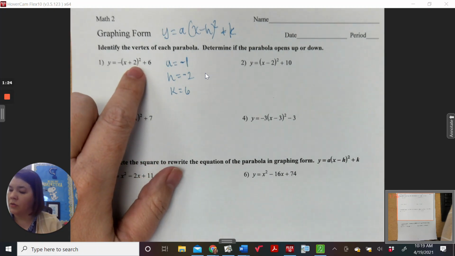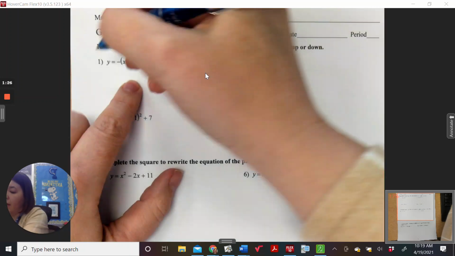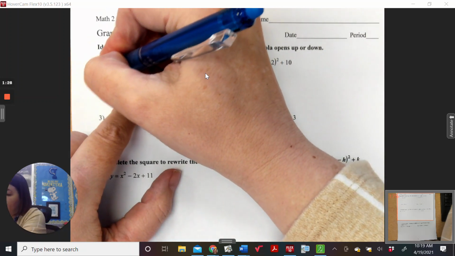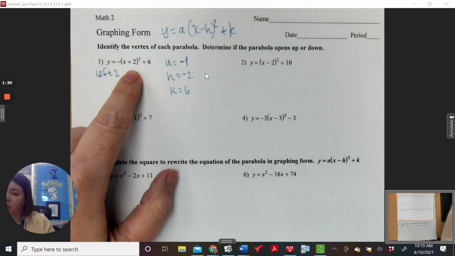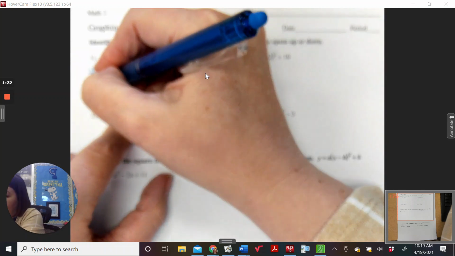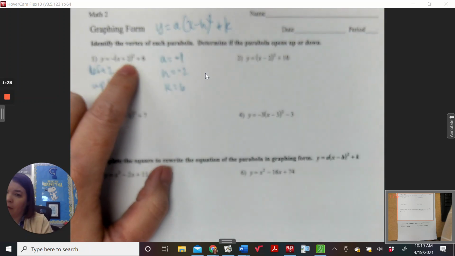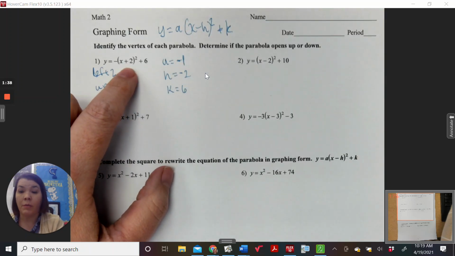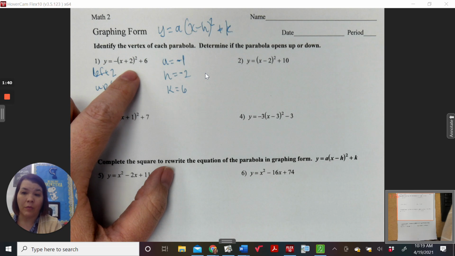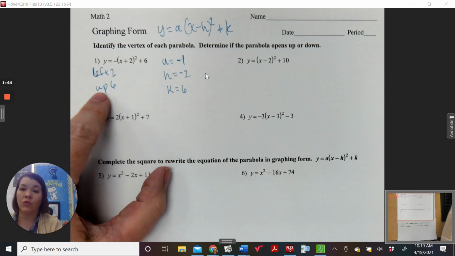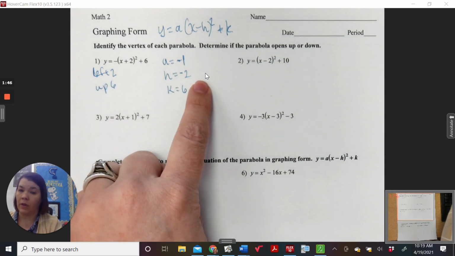And so this has been shifted left 2 and up 6. The left is because it goes the opposite of what we expect when the number's inside the parentheses. So it does the opposite inside the parentheses. It's really important that we remember that. That's, again, why it's negative.